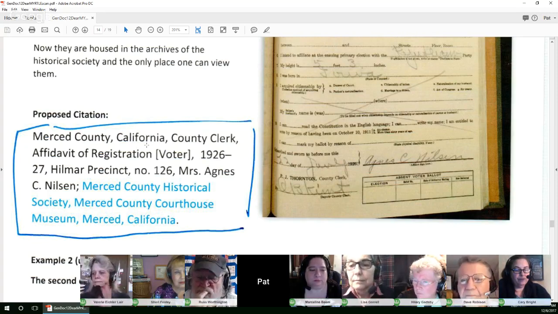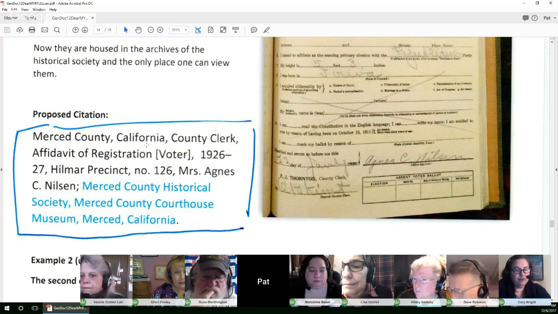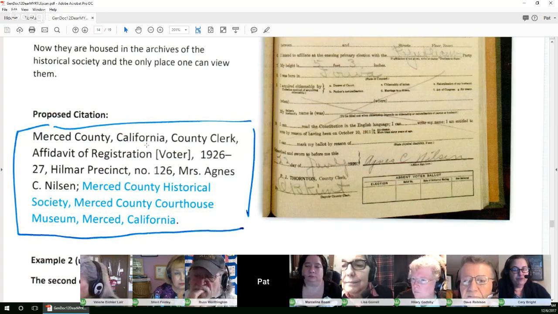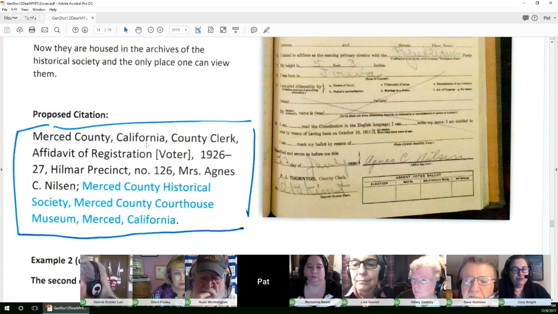And I haven't gone through all those million, well, I don't have millions of entries, but I have thousands of entries about record sets I consulted that are not Evidence Explained style. I have a question. Or Dr. Jones style. Yes, Russ.